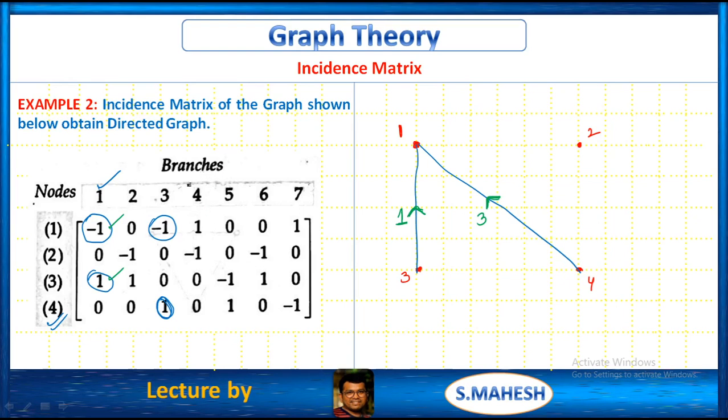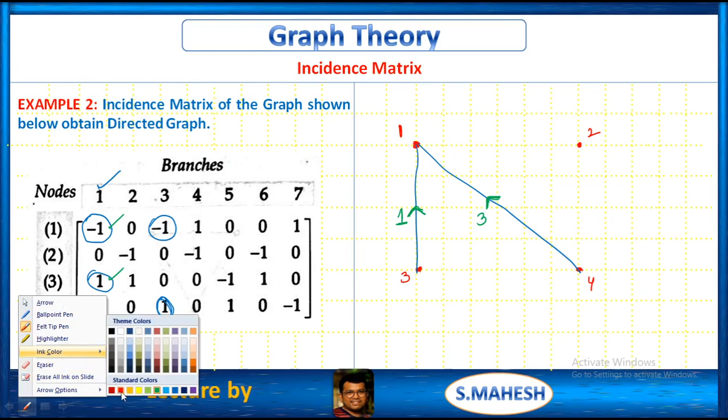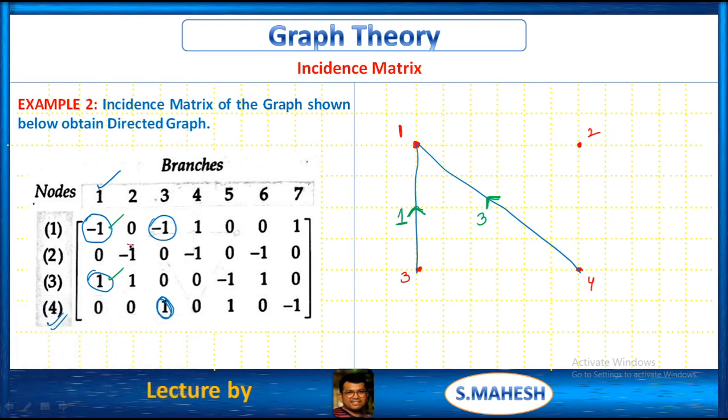Sorry, second branch is there, no? This is from the second branch. Let's check. Branch 2, node 2, it is minus 1. The same, branch 2 towards node 2, but the same branch is away from the node 3. So from node 3 it is away.